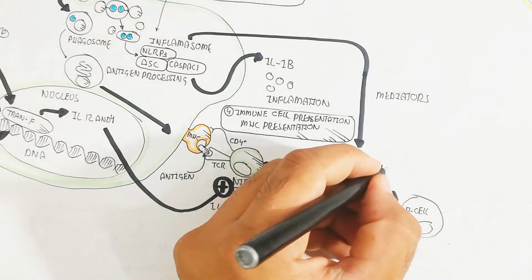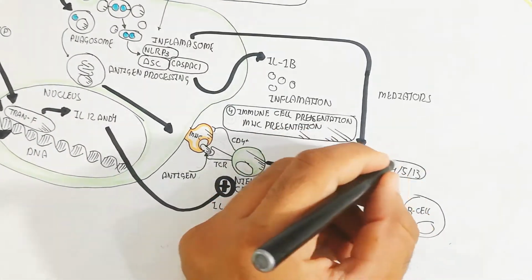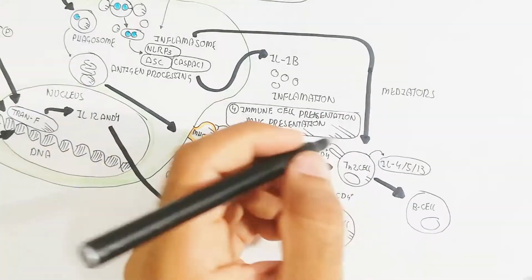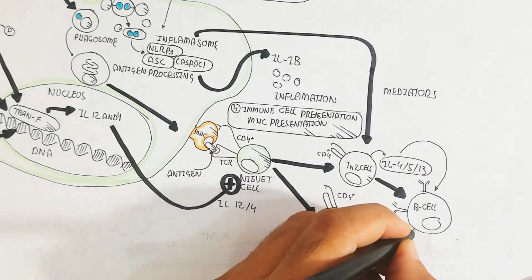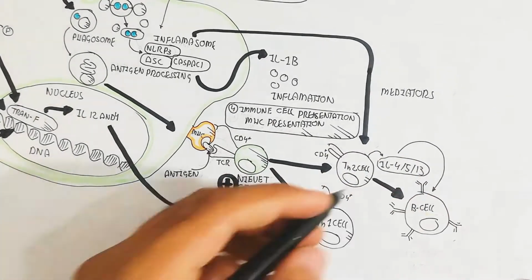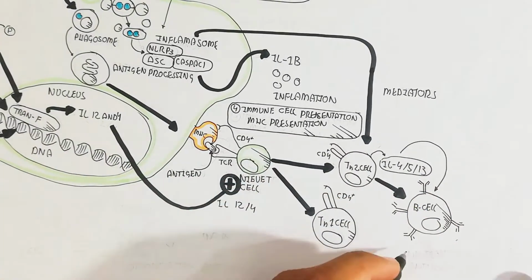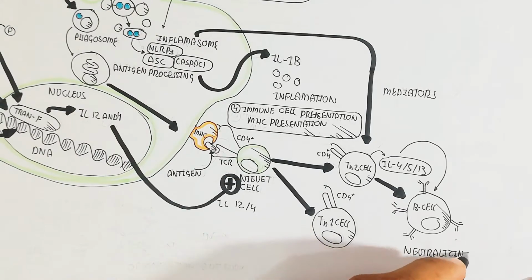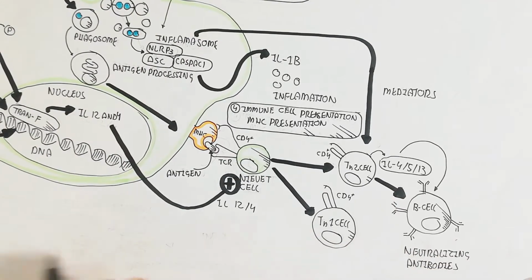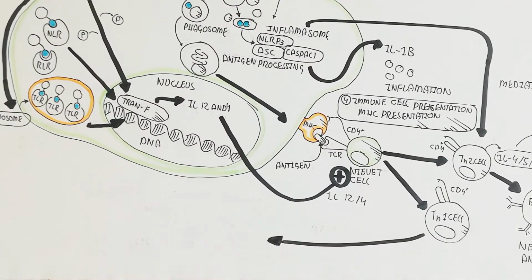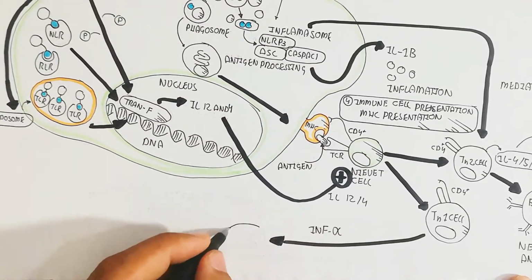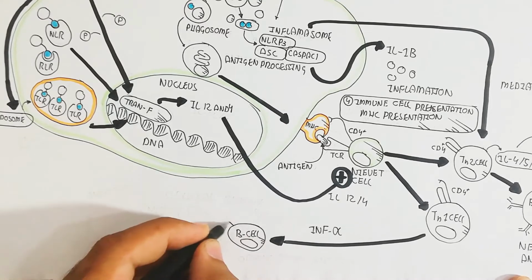This T helper 2 cell and T helper 1 cell also contain the CD4 molecule, which will show the antigen to the B cell for the humoral response, and in this way neutralizing antibodies are produced. In this way the plasma cell and B memory cell will be produced. The plasma cell produces a lot of antibody, which neutralizes the antigen.